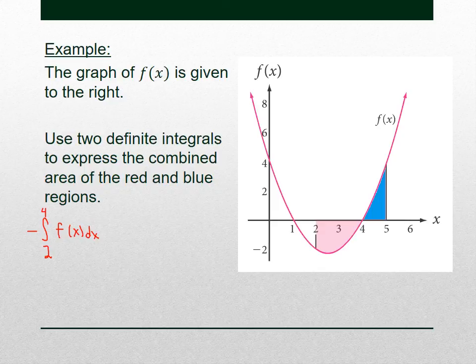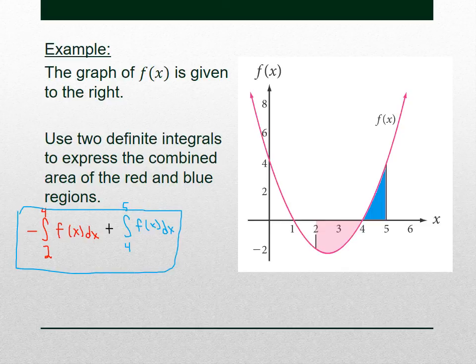And then I want to add whatever's going to give me the area of the blue region, which, remember, was the integral starting at 4 and ending at 5 of f of x. So this sum will give me the area of the blue part plus the area of the red part.